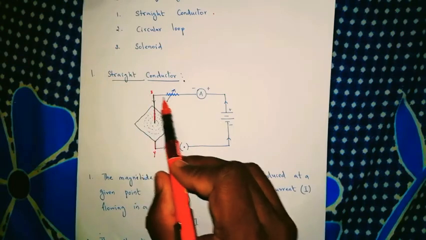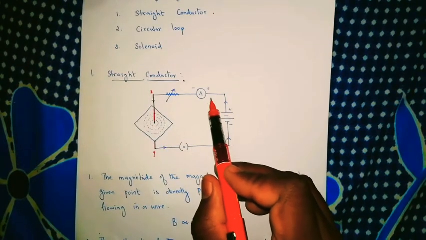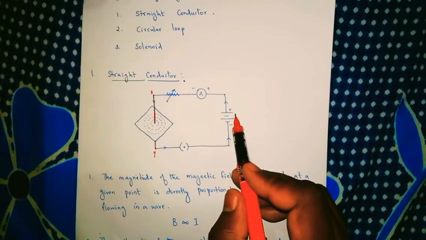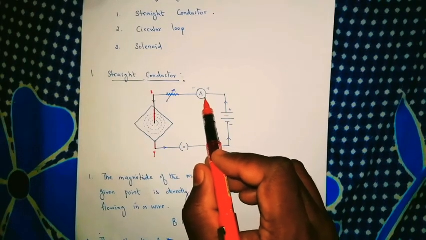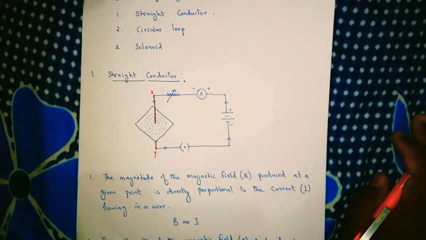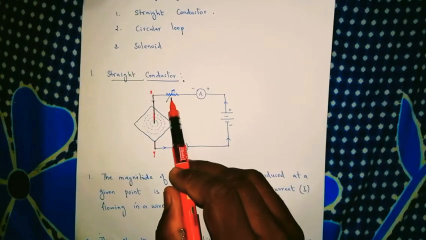Then this is connected to a battery, so that we can measure how much current is moving here, and also to a variable resistance.